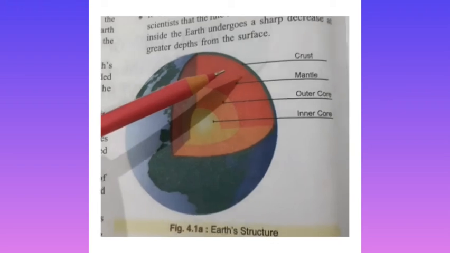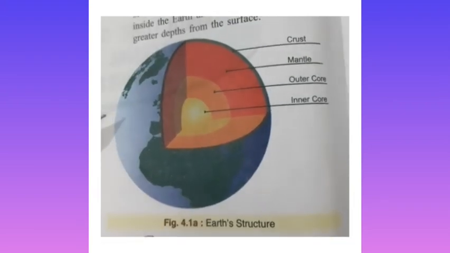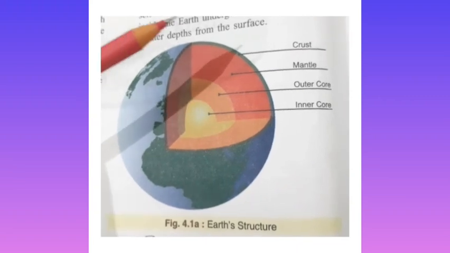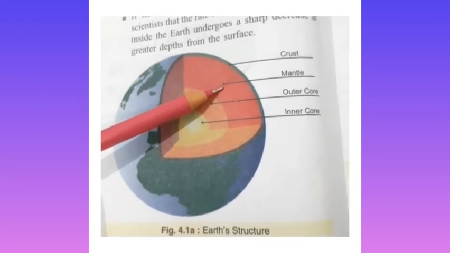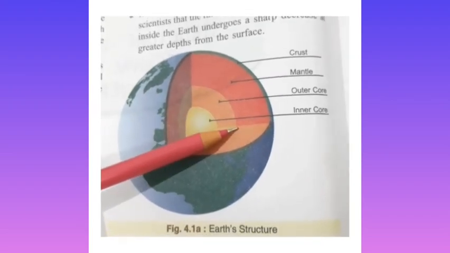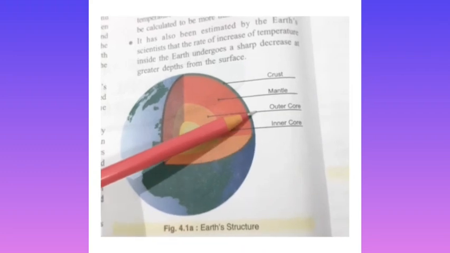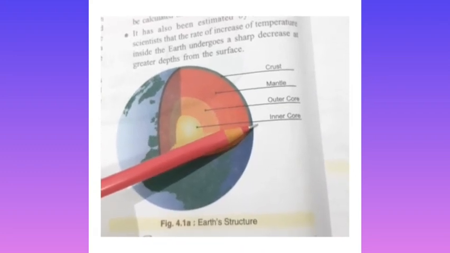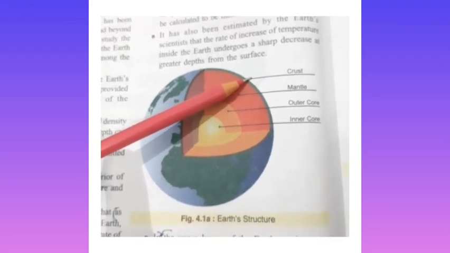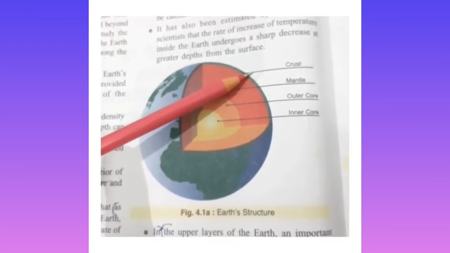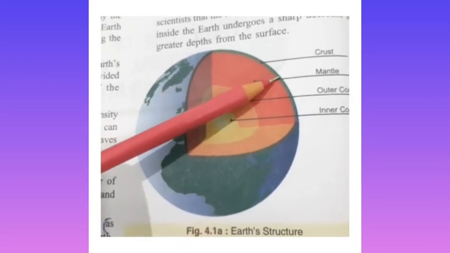Students, this diagram illustrates the structure of the Earth. The outermost layer is the crust, the second one is the mantle, and the third one is the core. The core is classified into outer core and inner core. Temperature, pressure and density differ from layer to layer: crust, mantle and core.